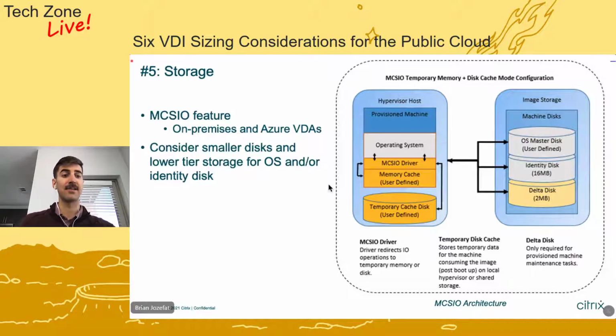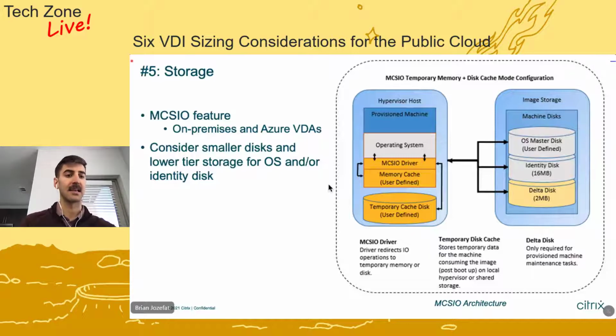This is a feature that we highly recommend in order to optimize performance within public cloud, and also to reduce the overall disk requirements on those public cloud VDAs. When we're using MCSIO, we're really optimizing those writes and not having to rely as much on the VDA disk.